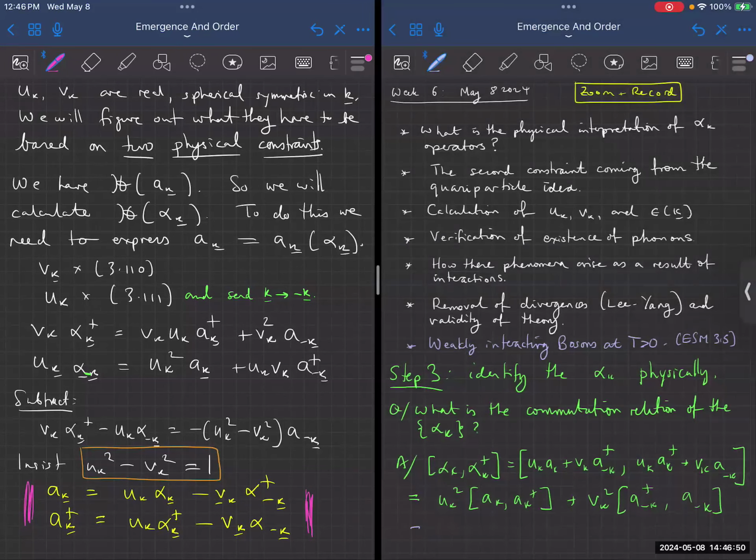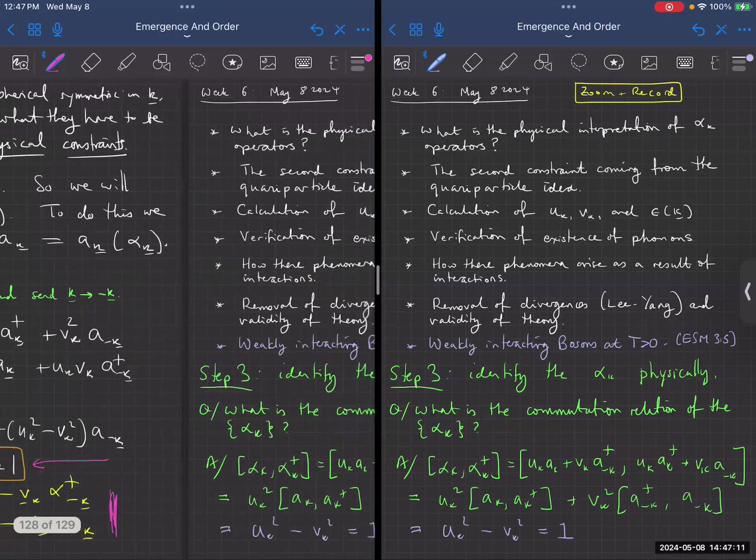And so that we can write then is equal to u_k squared minus v_k squared. And this quantity, u_k squared minus v_k squared, is what we used last time to ensure that we could invert the relationship between a's and alphas, and so therefore this is equal to 1.